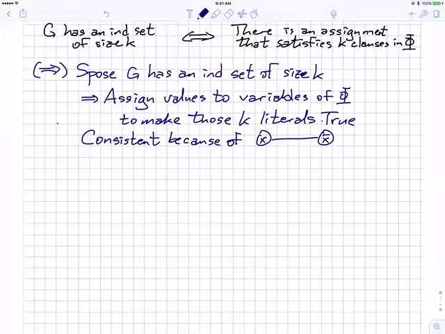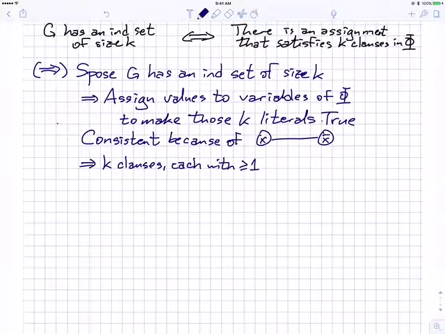Okay. So that implies now that I have K clauses, each with at least one true literal, because each of the variables in that independent set is in a different triangle.